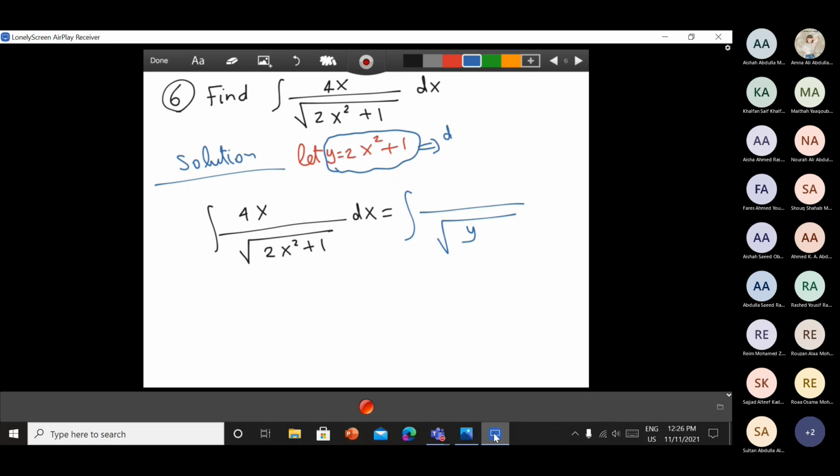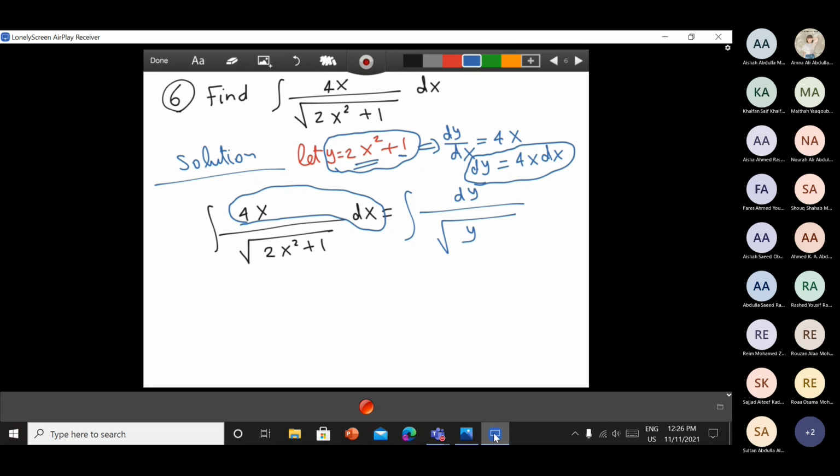I have to differentiate this one. Dy by dx equals the derivative of 2x squared, which is 4x, and the derivative of 1 is 0, so that's it. So dy will equal 4x dx. Yes, this one, 4x dx is here. So this is dy.